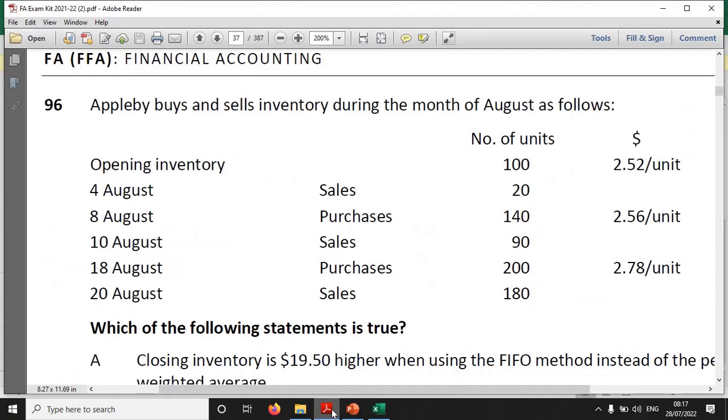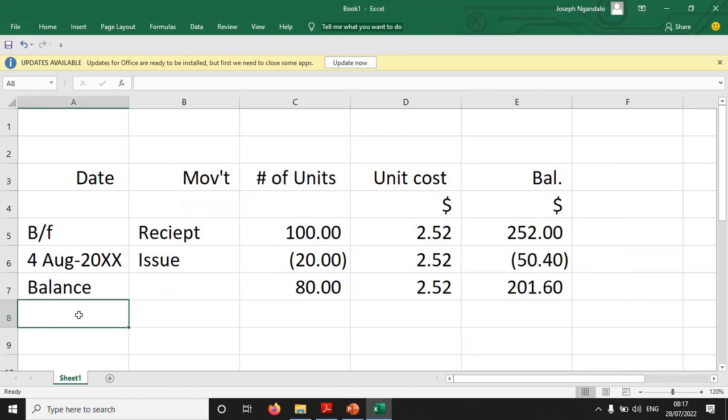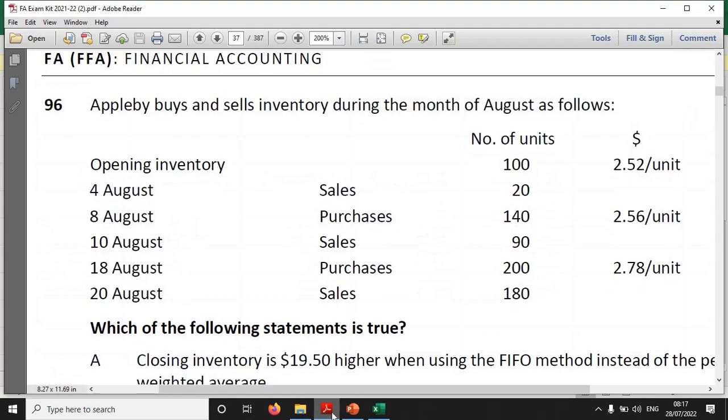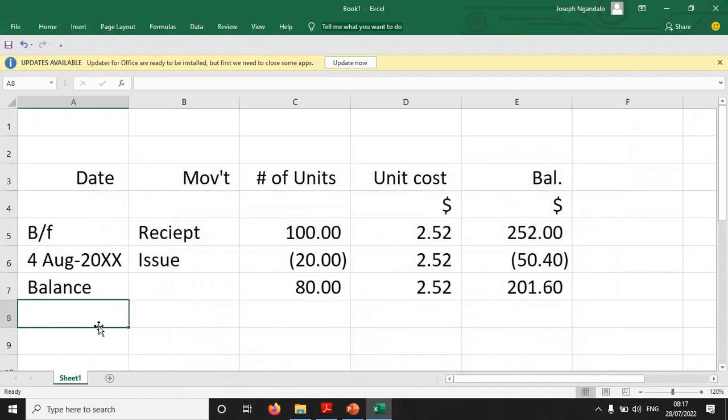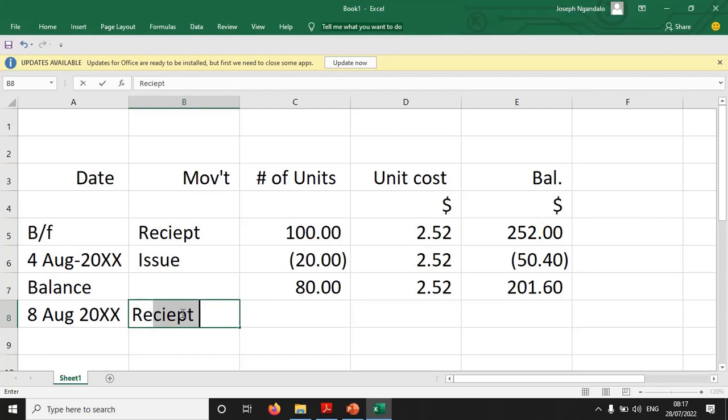There was a receipt of how many units there? On which date, actually? On 8 August, isn't it? 8 August. Somebody said 20XX, since we don't know. There is a receipt, yes, of how many units? 140.